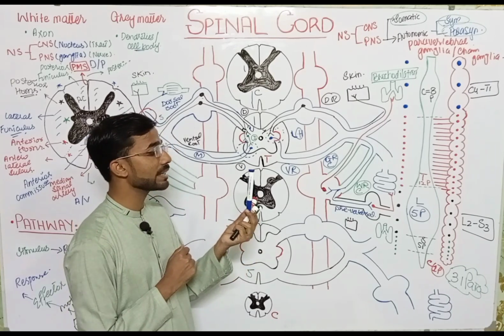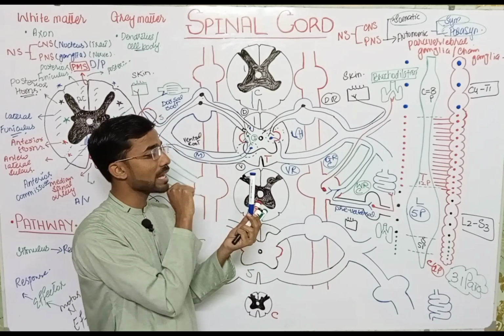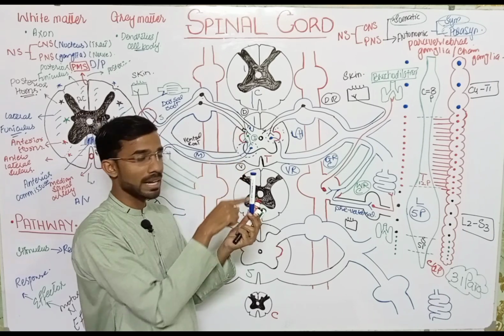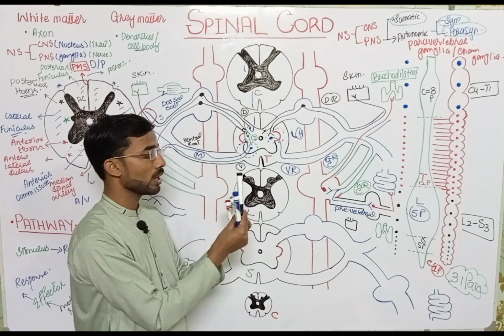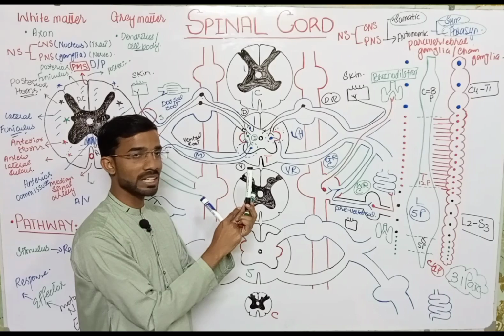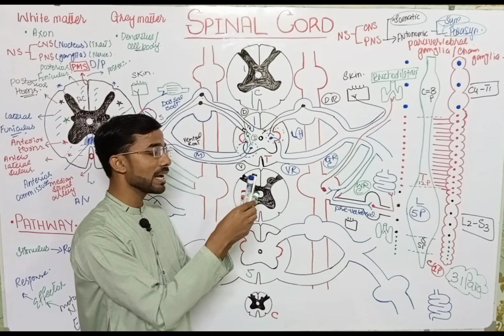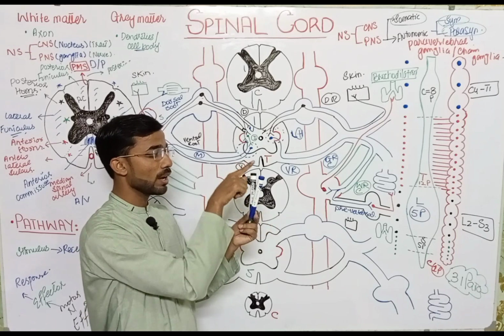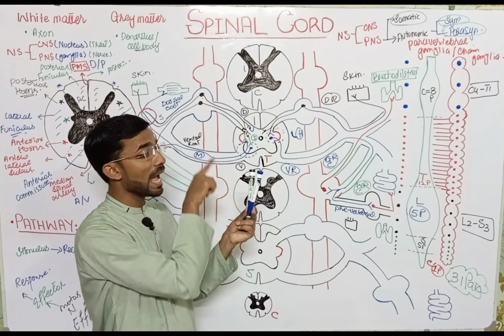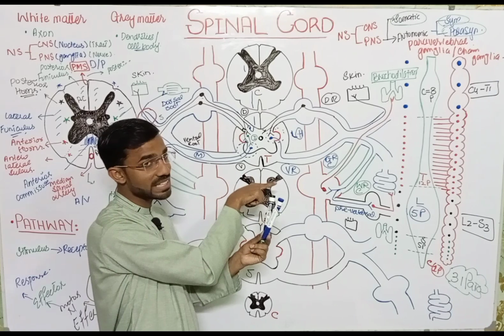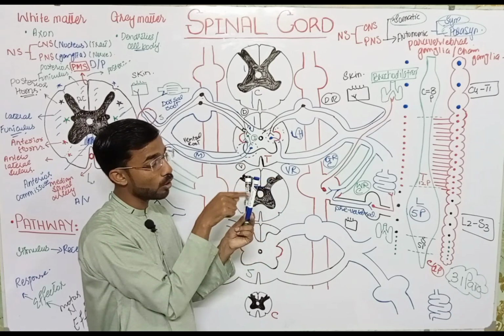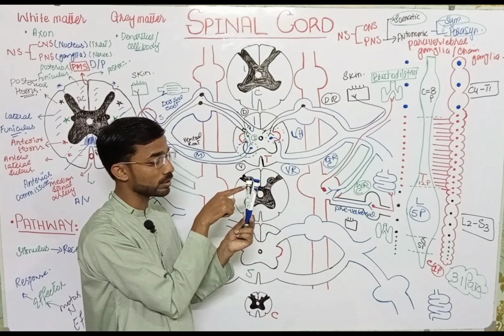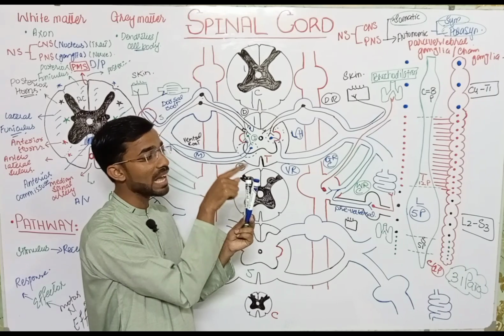Like the pre-aortic ganglia, as we see, this is the descending aorta, and here is the vertebral column, which is present at the back side. Next is the descending aorta. So here you see two things, the vertebral column and the descending aorta, and these ganglia are present in front, on both sides, at the front side of both the vertebral column and the aorta.